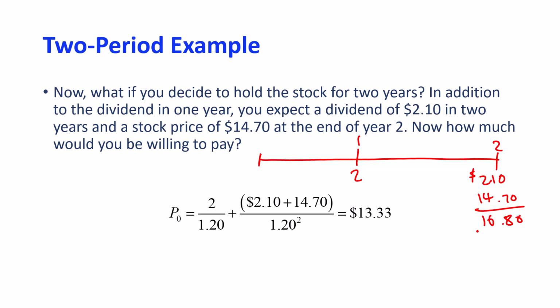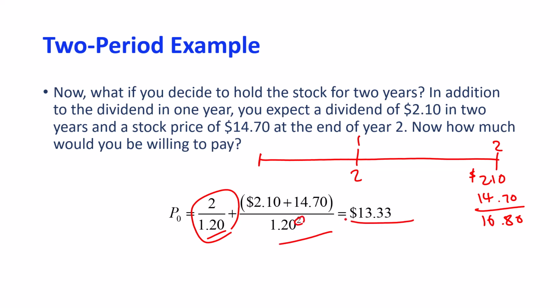So in this case, what's the price? Same as before. You do the present value of the first cash flow discounted at your required rate of return, and then the present value of the cash flow in year two discounted again at the required rate of return raised to the power of 2, and you'll receive this.